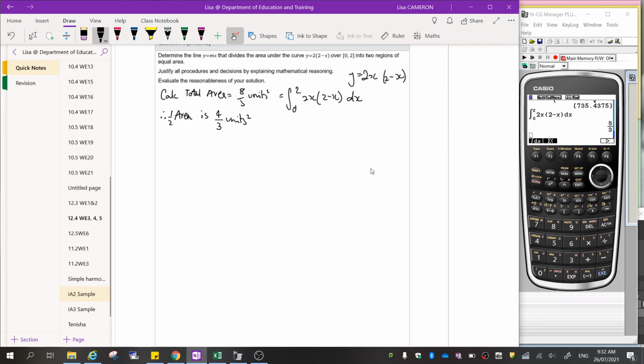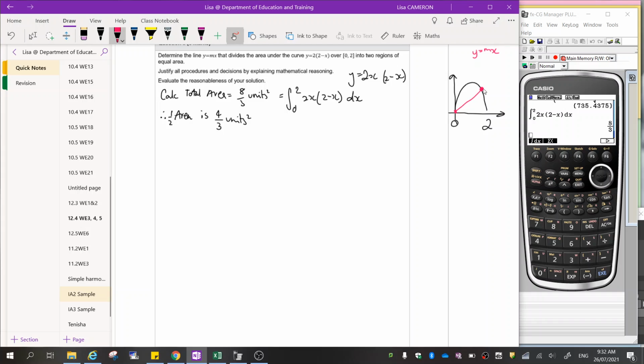Okay, so this is what it looks like. So there's 0, there's 2. Now, the total area underneath here is 8/3 units. This has an intercept there of 0, 0, goes up to there like that, and our function for that is y equals mx because it is a straight line.